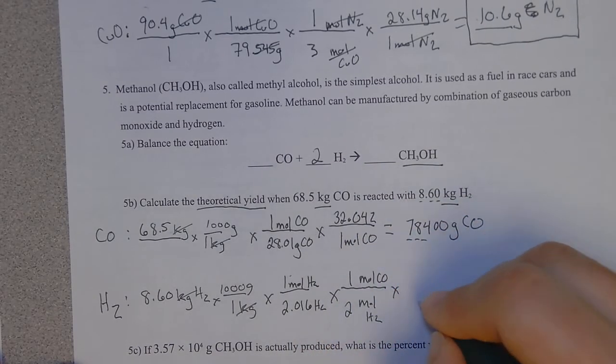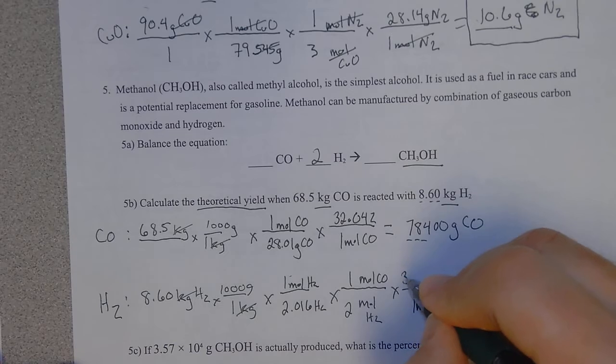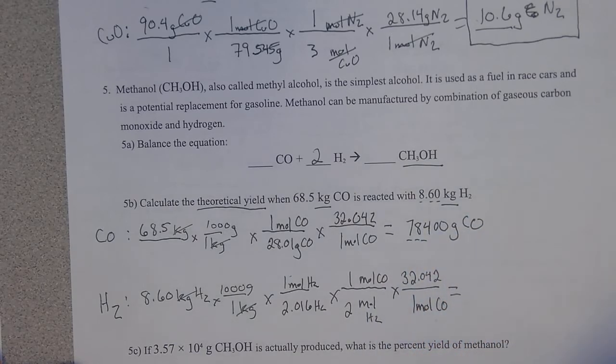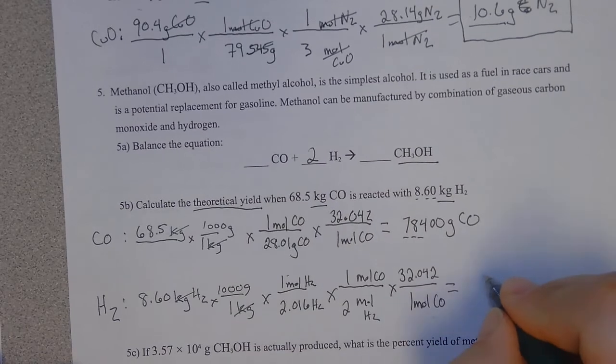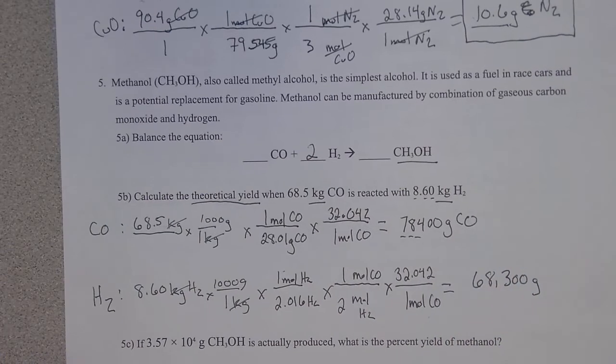And now I can get out of moles, 1 mole of carbon monoxide is equal to the molar mass, which we've already found up here, 32.042. And when I do that math, I should get about 68,300 grams.